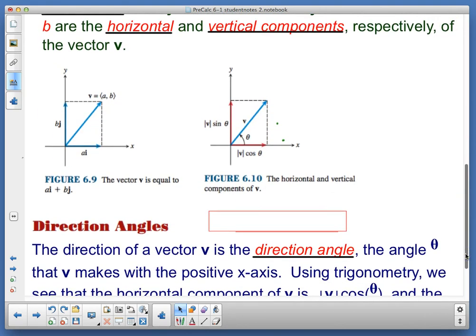Our next thing that we're going to be looking at is I want to make sure you recognize your horizontal and vertical components directionally. The vector v is equal to ai plus bj. We just went over that. But now the horizontal and vertical components.